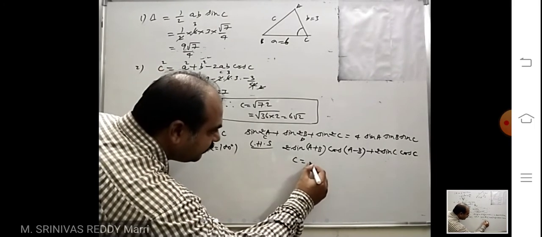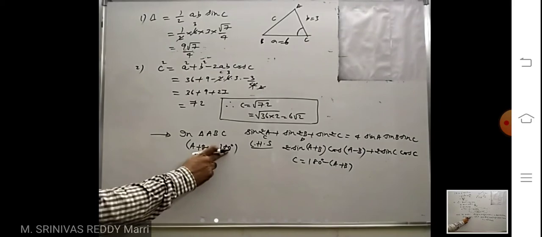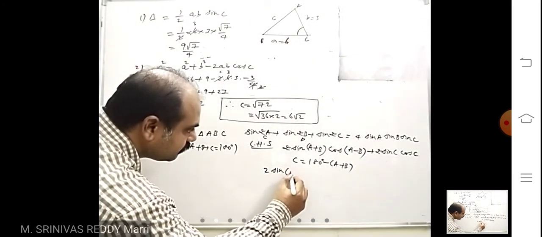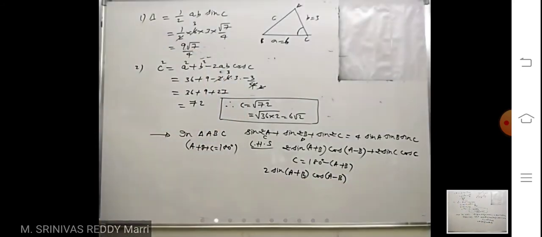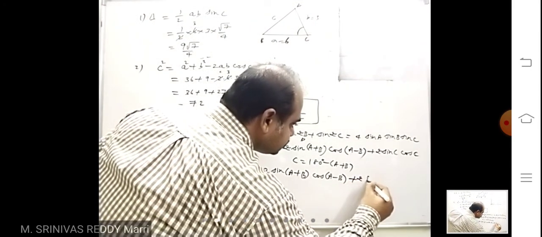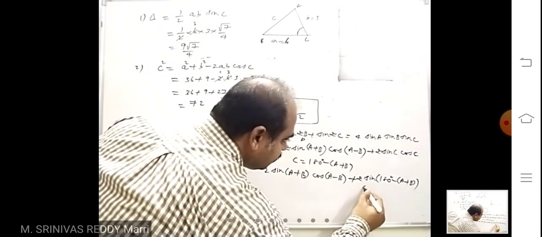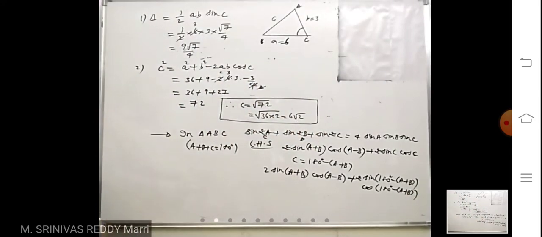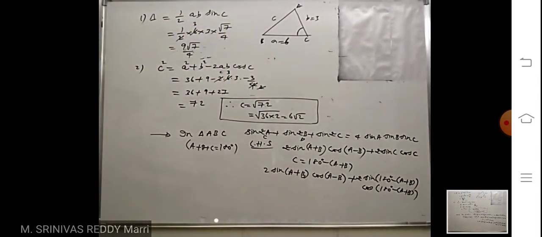Now look at angle C. In a triangle A plus B plus C equal to 180, so angle C is nothing but 180 degree minus of A plus B. Therefore 2 sine A plus B cos A minus B plus 2 sine C cos C, substitute here: 180 minus of A plus B. You know that sine of 180 minus theta is sine theta, so this will become sine A plus B. Cos of 180 minus theta is minus cos theta, second quadrant angle.